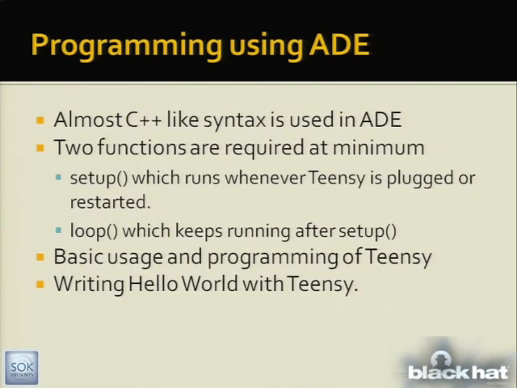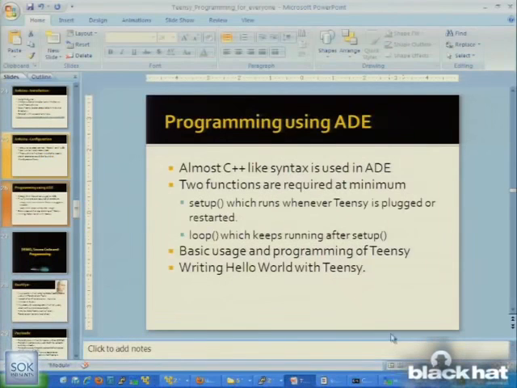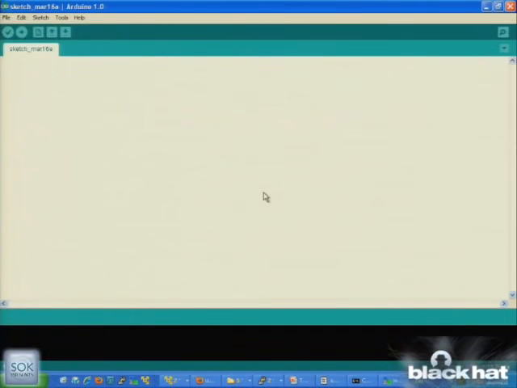So let's have a look at basic usage and programming of Teensy by writing a hello world. We have a device in this row, I think, only. Keep in mind until I'm not demonstrating anything, you guys can club together and do it on a system. We have one in this row, I think.